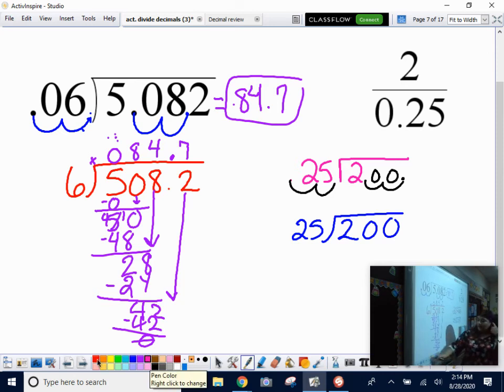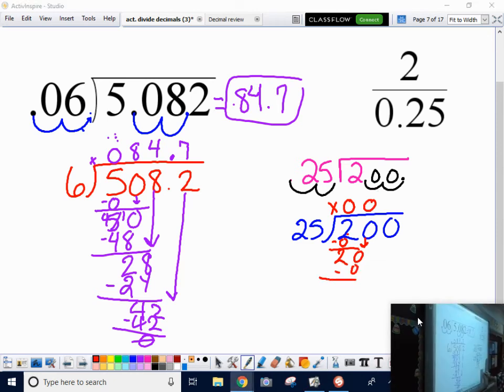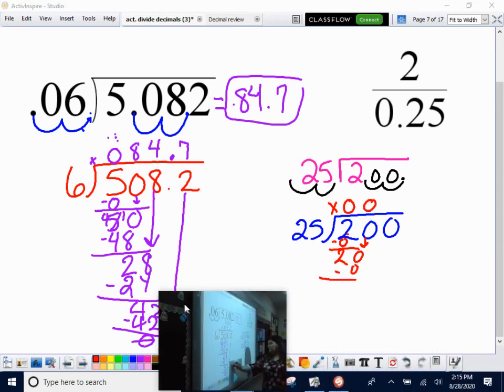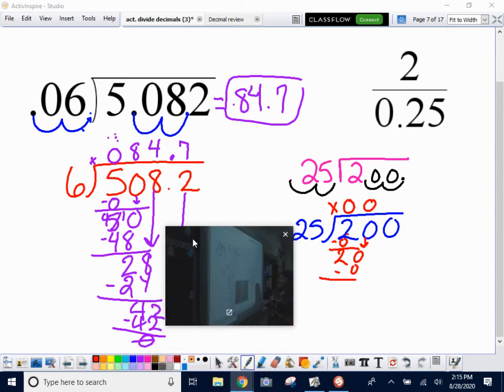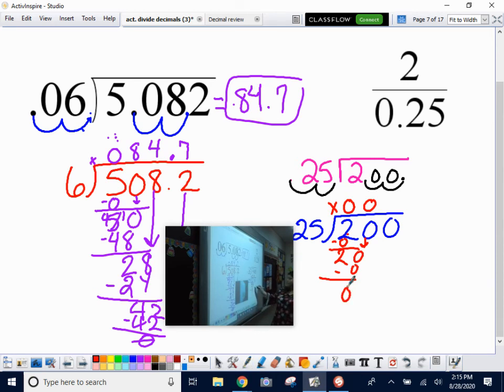Now we're going to go ahead and divide. Let's see what you got. 25 into 2, nothing. Okay, you can do this. 25 into 20, nothing. That's 0. 2.